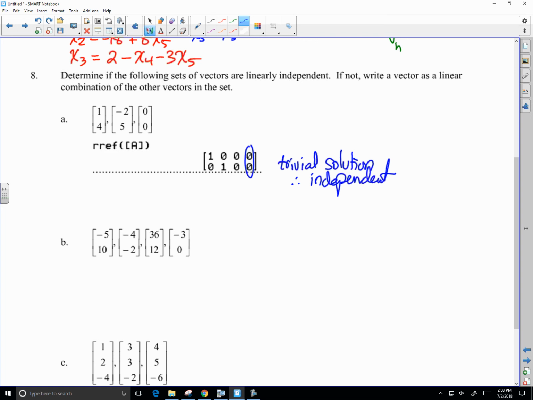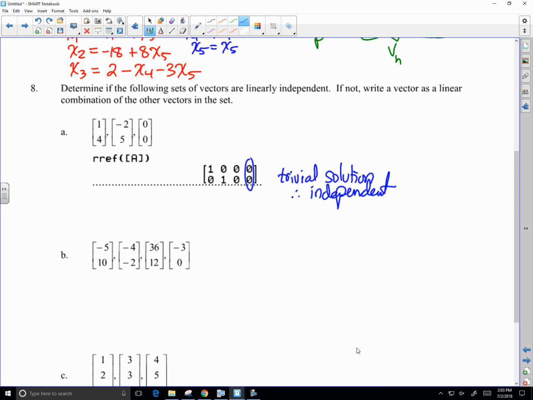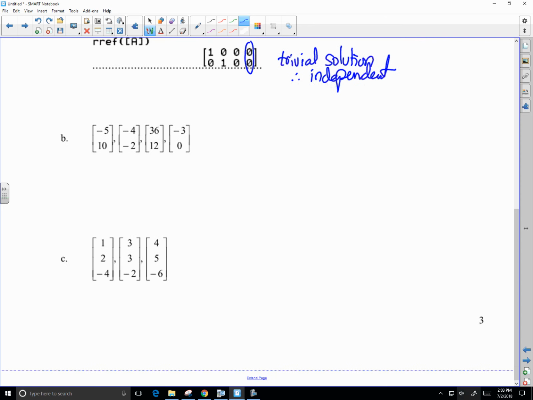Dependent is very defined because you look at x3 here, for example, and ask, is it a dependent solution? Does x3 depend on anything? Yeah, it depends on what x4 and x5 are. So it's dependent. If it doesn't depend on anything, then it's not dependent. Correct. All of them.